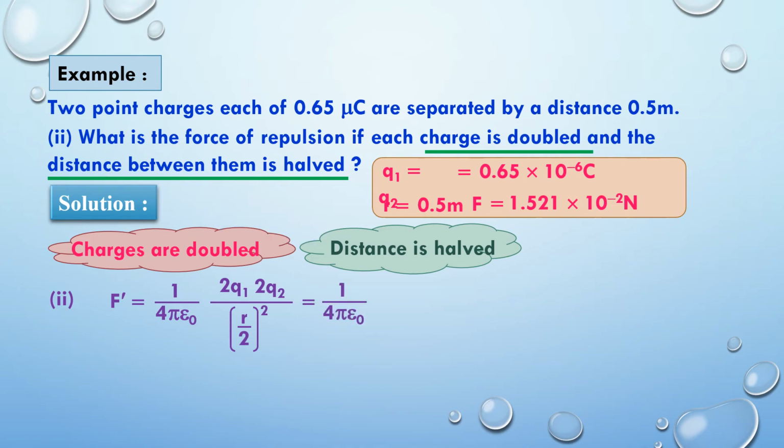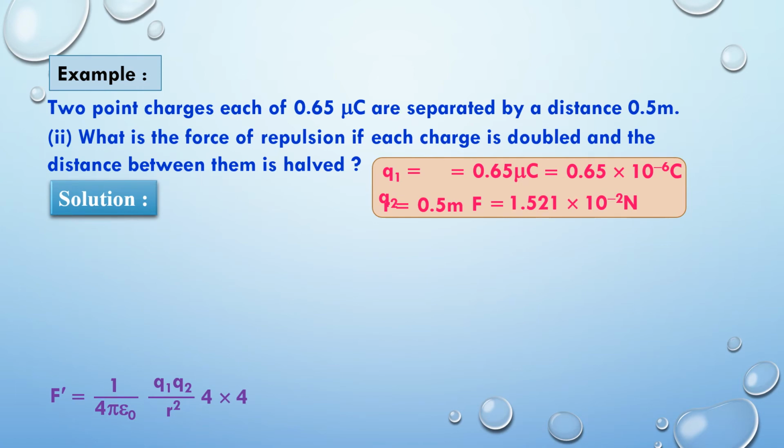Simplify this relation to get 1 upon 4 pi epsilon naught Q1 Q2 into 4 upon R squared upon 4. You can now easily shift the 4 which is in the denominator to the numerator to get 1 upon 4 pi epsilon naught Q1 Q2 upon R squared into 4 into 4, which will give you 16.